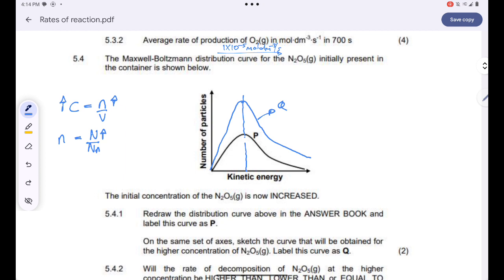So whenever I increase the number of particles, my graph will just spike over there. It will have a higher peak. Molecules will still have the same average kinetic energy, and this over there will be the activation energy. So we can see that now we have more particles that have a greater activation energy as compared to curve P, because on curve P, those particles were over there only.